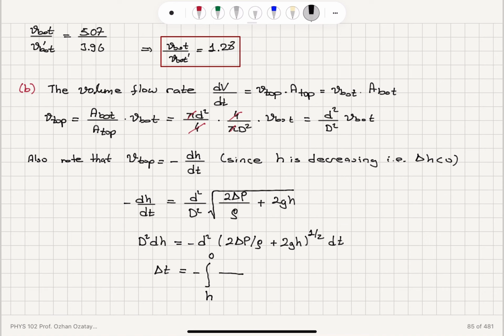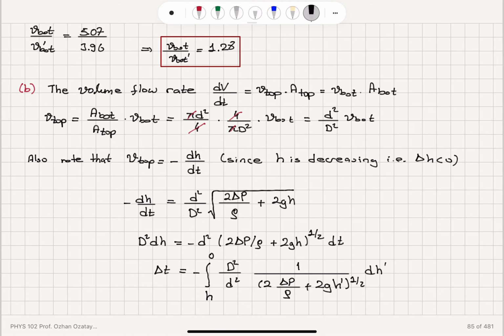It is capital D squared over d squared. Then I have 1 over the square root of 2 delta P over rho plus 2g, now I make h a dummy variable, h prime, to the power 1/2, dh prime.